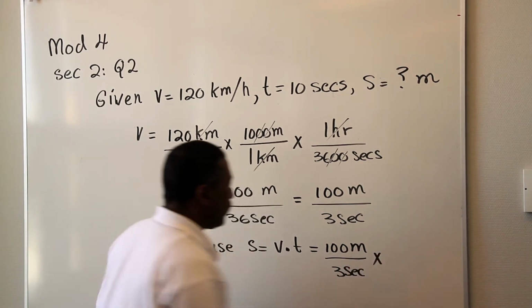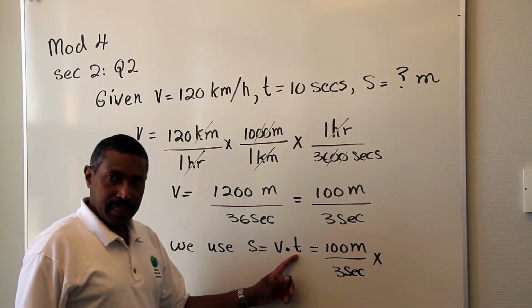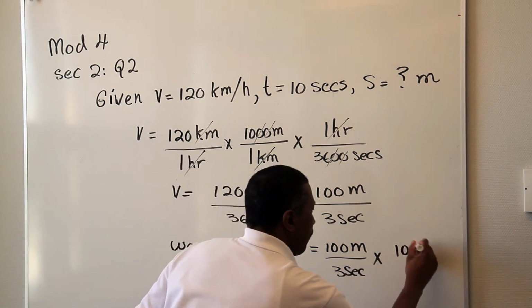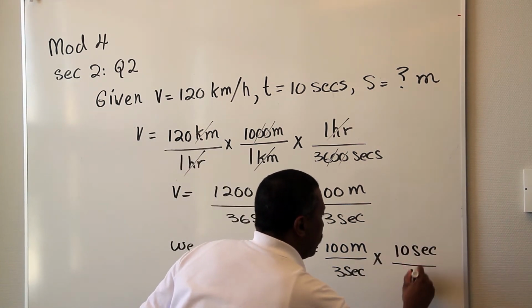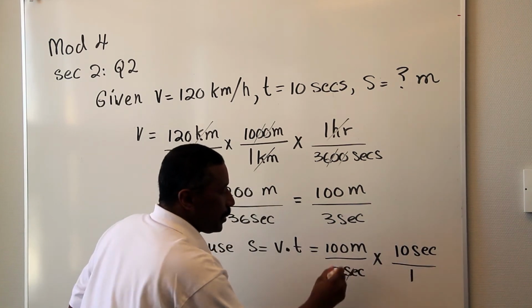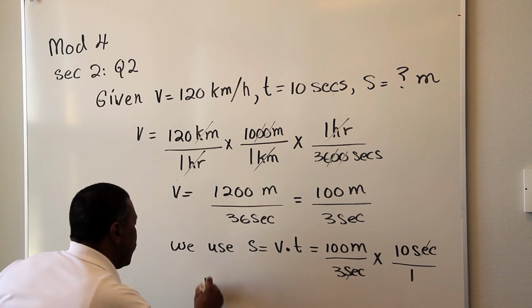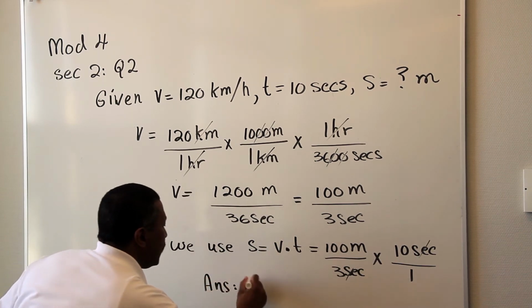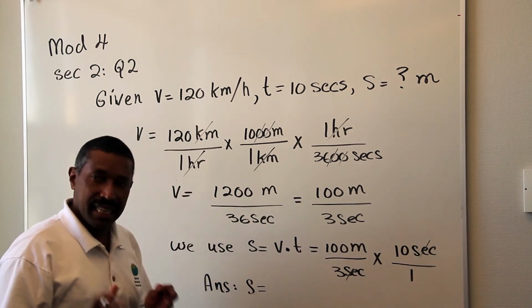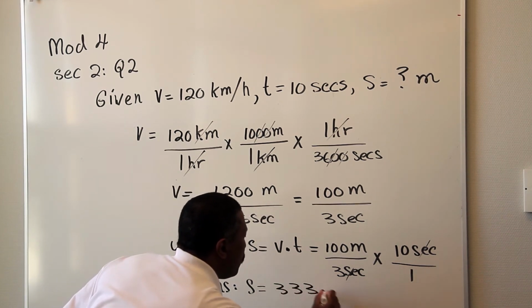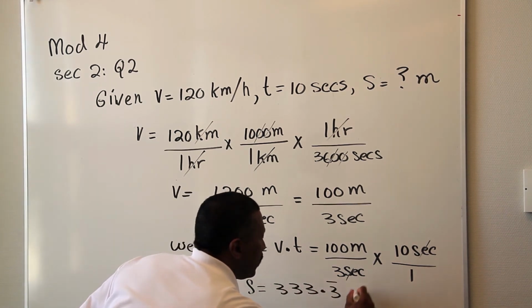The time that you're solving for is 10 seconds, so you multiply that by 10 over 1 if you wish. Show that the seconds cancel, and what do you notice? That your answer is that the distance you will travel in 10 seconds will be 333.3 repeating meters.